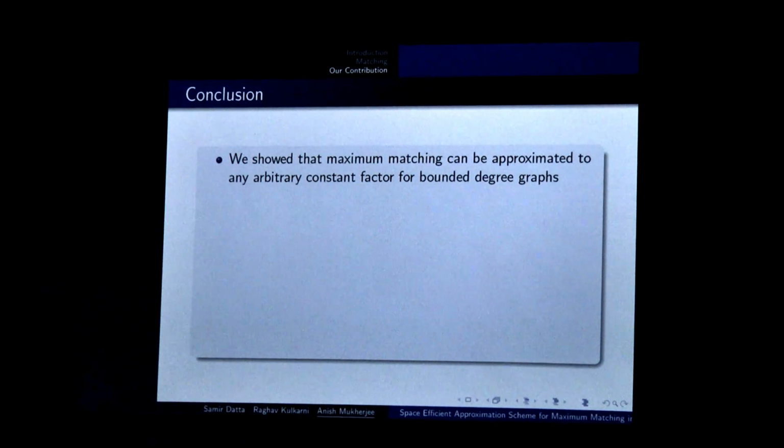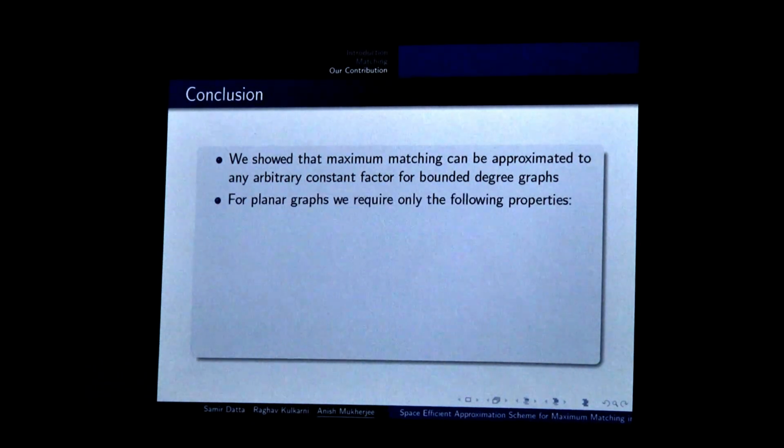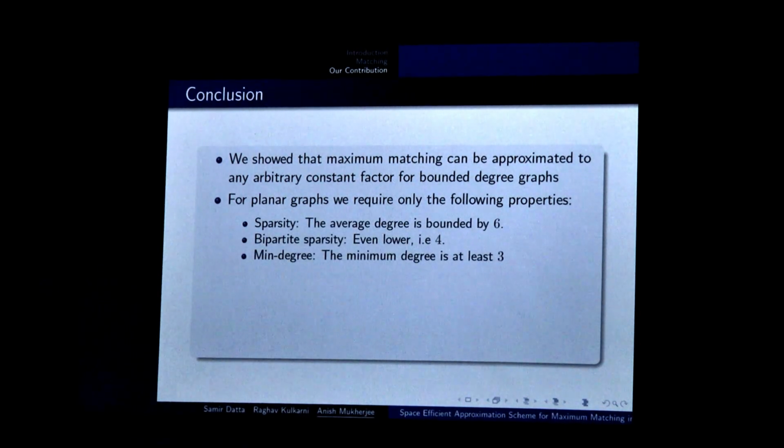To conclude, we show first that for bounded degree graphs we have a Logspace Approximation Scheme, and for the planar graph what we use is the following three properties. First, the graph is sparse, so the average degree is bounded by say 6, and bipartite. A bipartite planar graph has average degree 4, so it's substantially less than this.